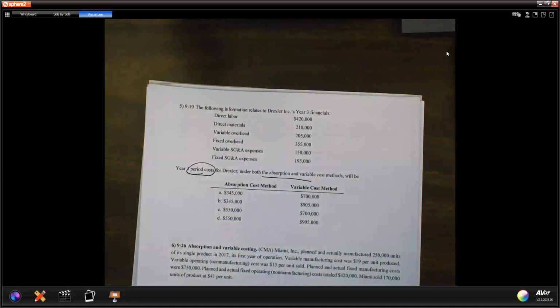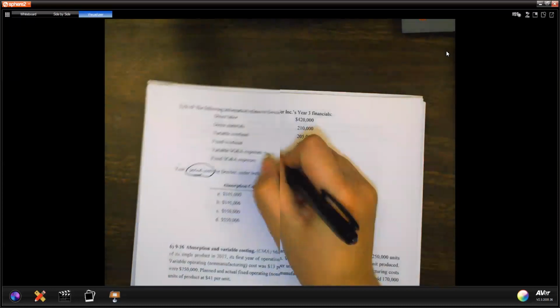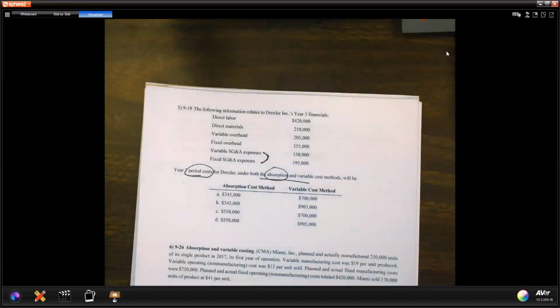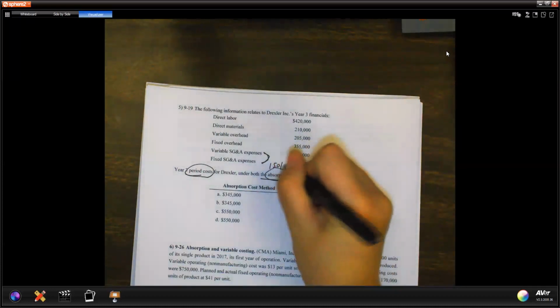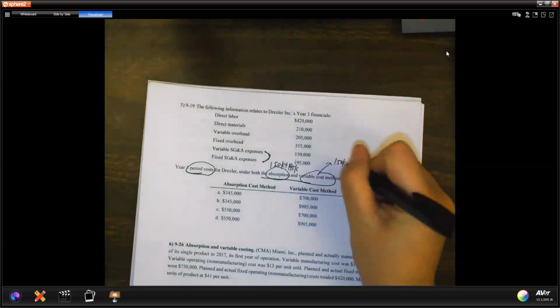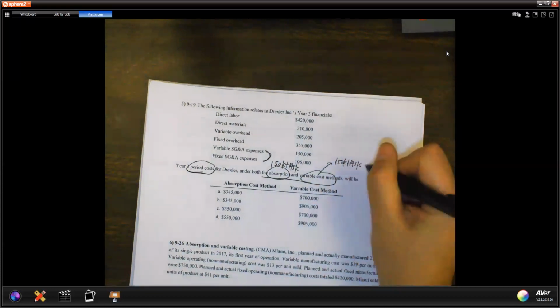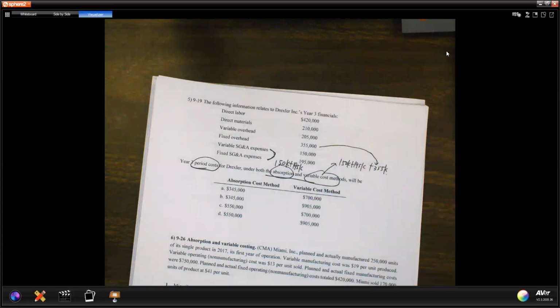We said the period cost for absorption costing is only your non-manufacturing part, so absorption costing will be 150,000 plus 195,000. Variable costing has 150,000 plus 195,000, no doubt, but it also includes your fixed manufacturing cost as your period cost.